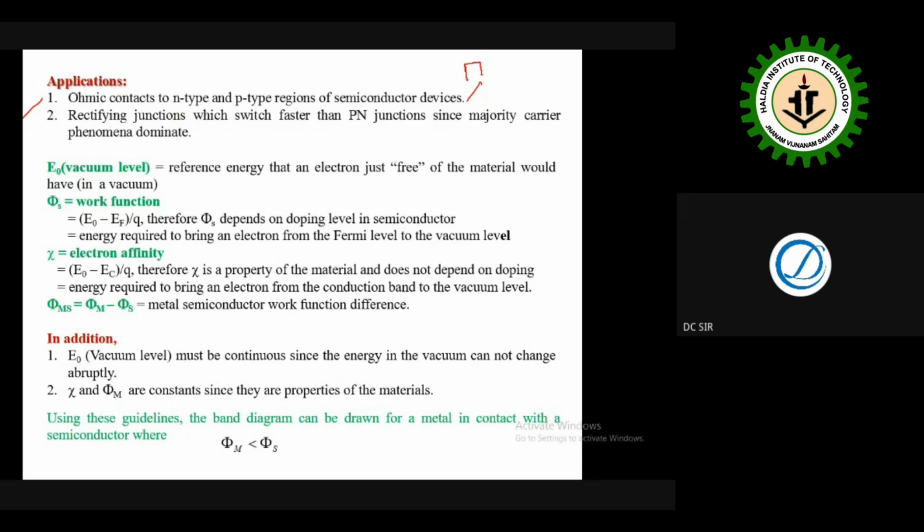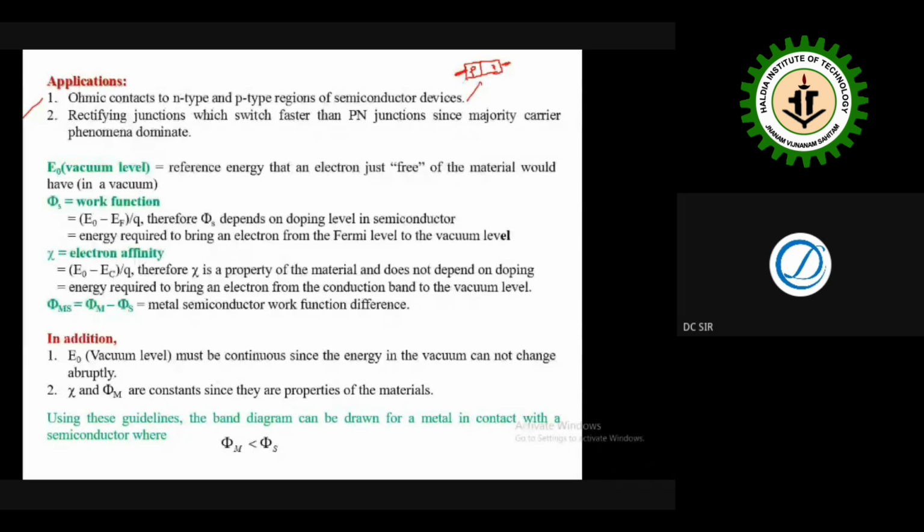So if there is a P or N region, there is a need for a contact. That should be ohmic, because we need to measure the current of the PN junction. So it needs to be ohmic.